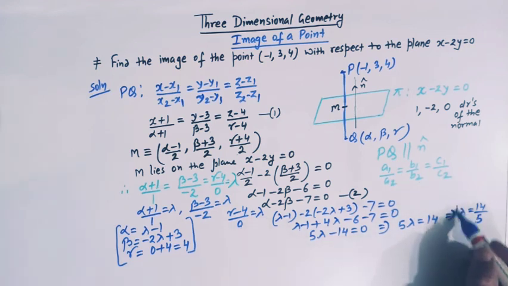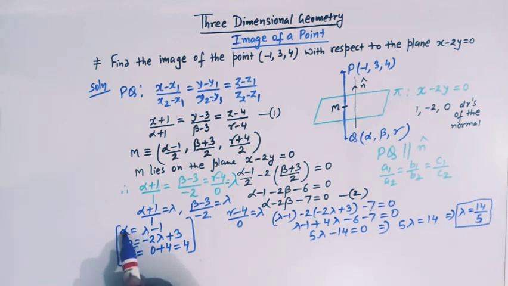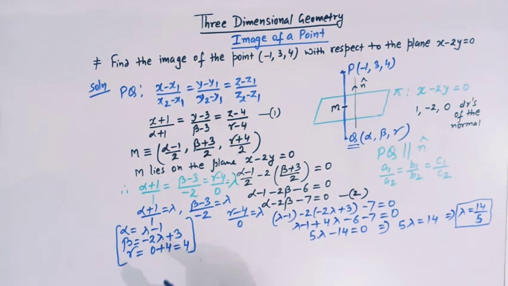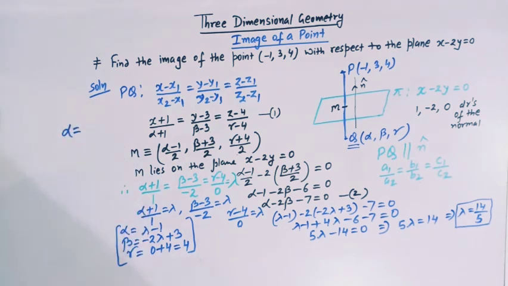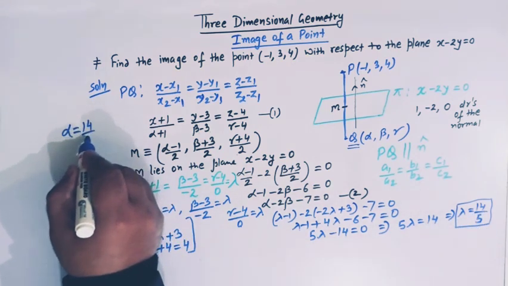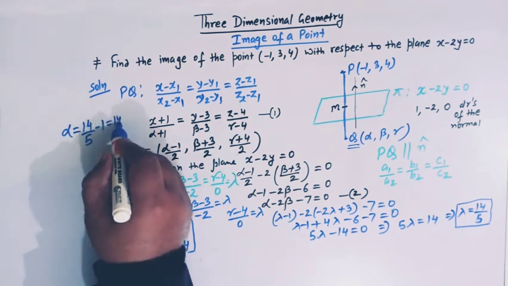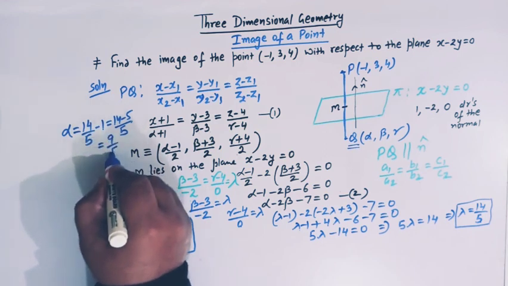Now once we have obtained the value of lambda, if we substitute this value here, we can easily find out the coordinates of the image of this point P. So alpha is lambda minus 1, and lambda is 14 over 5 minus 1. So we have (14 minus 5) by 5, that is 9 over 5.